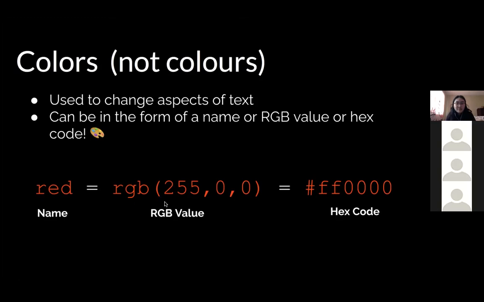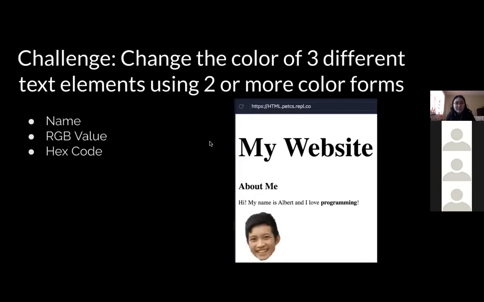I think RGB is pretty straightforward. You individually assign the R, G, and B values, and then hex code is, well, hex code. Yeah, you can use RGB and hex code. Like you can use all 3 of them. They all work.